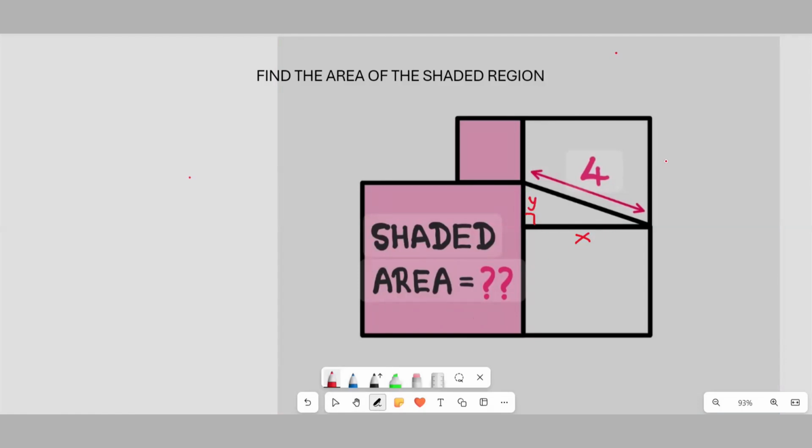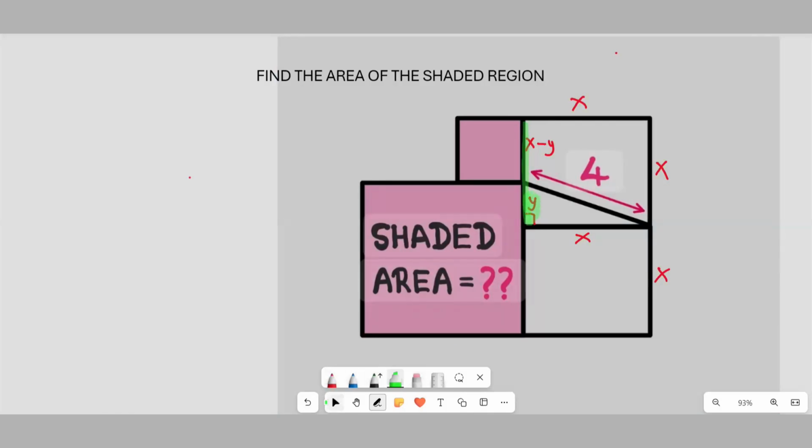What it means is that this side here is also X because it's a square. This is X, this is also X. And then one side of this smaller square would actually be X minus Y. It's going to be X, which is all of this distance here, and then we subtract this length.